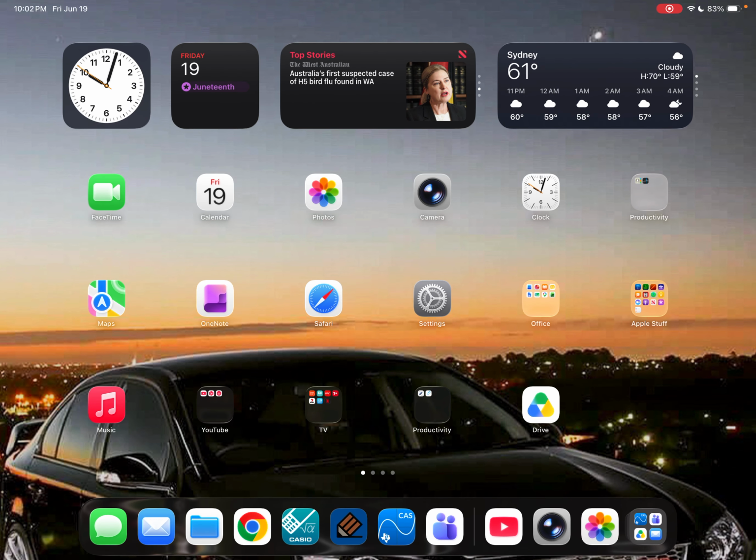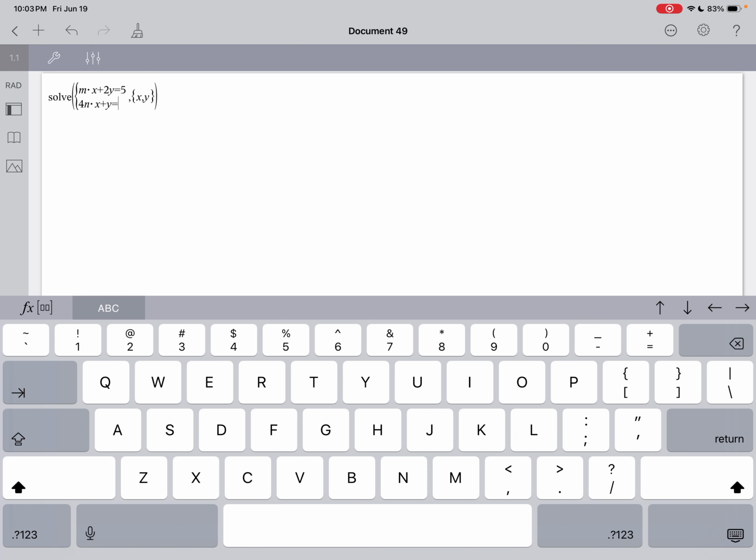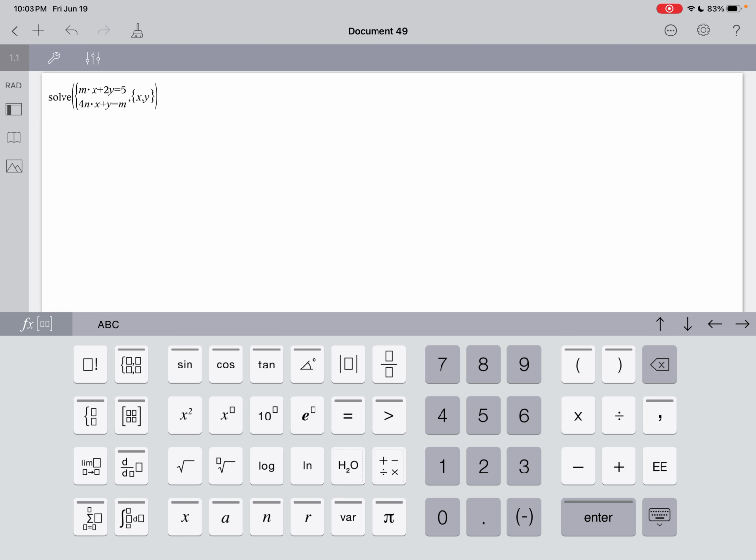And then for nx plus y equals m. For nx, you've got to put a times in between, n times x plus y equals m. Enter.